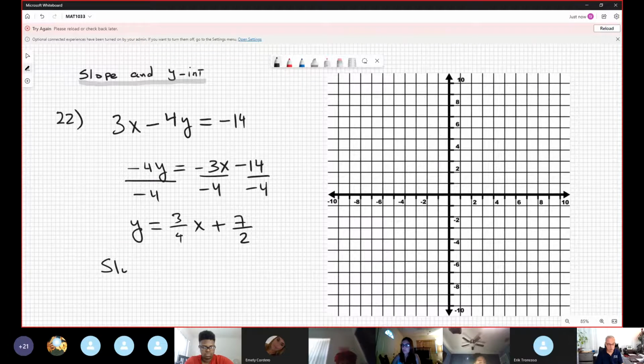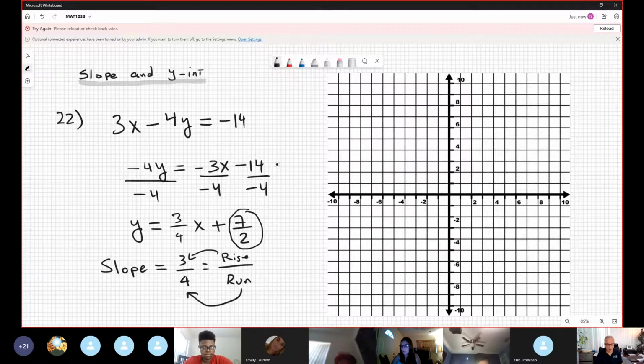The slope is obviously 3 over 4. Now look at this fraction: run is 4 and rise is 3. It is 3 positive because it's up. And this number, as I saw before, is 3.5. This is my y-intercept.